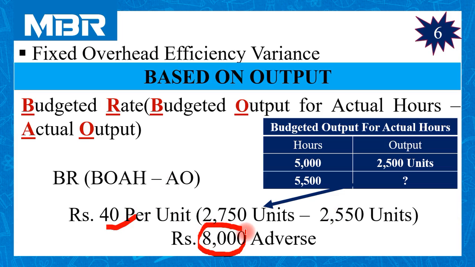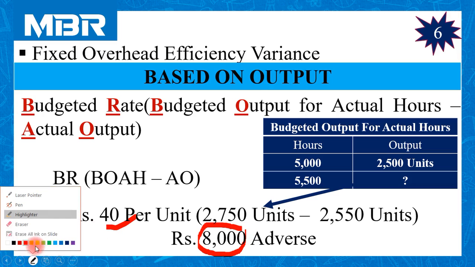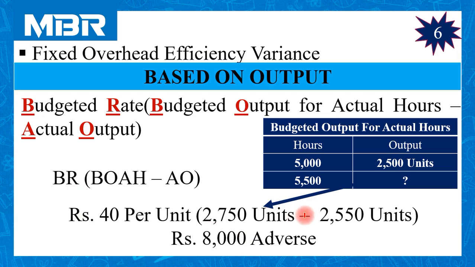Again, interpretation with a different understanding. We have taken 5500 working hours, and if we work at a standard speed, we can produce 2750 units.